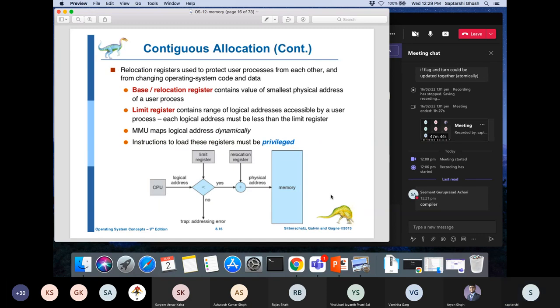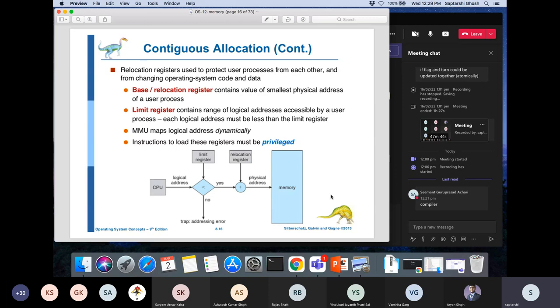So, how are the processes separated out from each other physically? By use of a relocation register. Every process, when the operating system knows the memory address from which a particular process has been loaded, loads that starting address value into the relocation register.